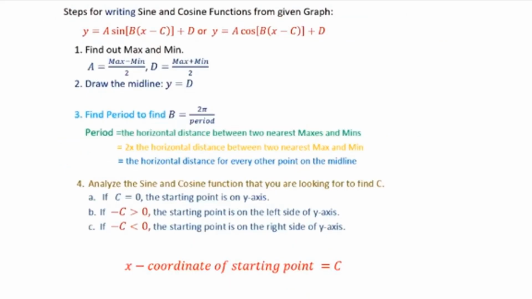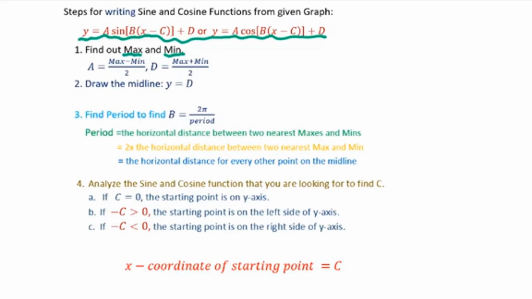Here are the steps for writing sine and cosine functions from a given graph. First of all, you've got to know the transformed form for sine and cosine functions. First step, you need to figure out the maximum and minimum from the graph.